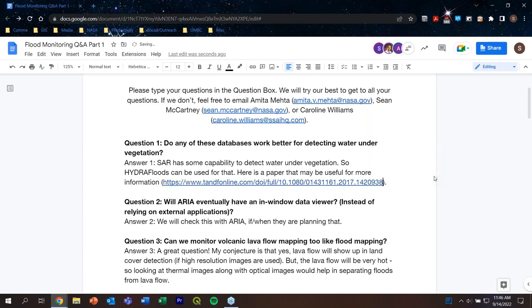But here is a paper that is useful for more information on that. It talks about how SAR can see under vegetation, especially when it's sparse vegetation. We will also check with our RSET SAR expert and let you know about that.